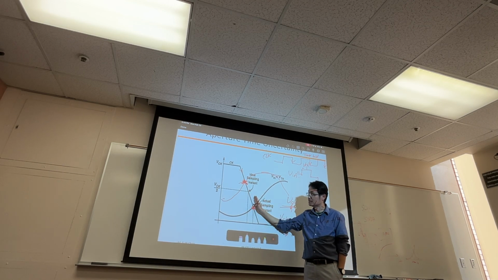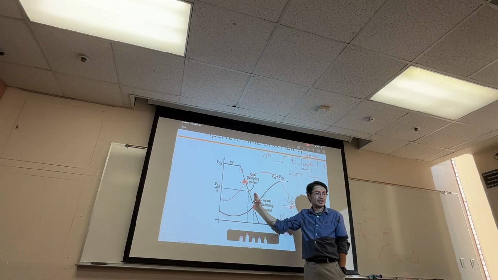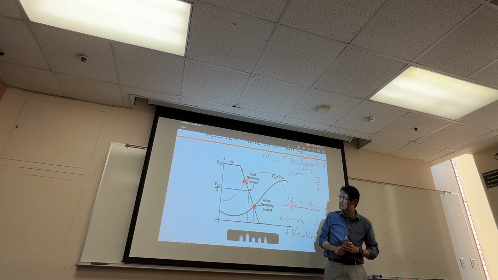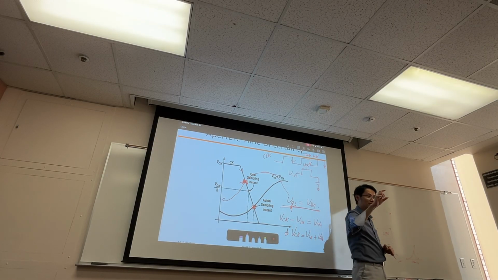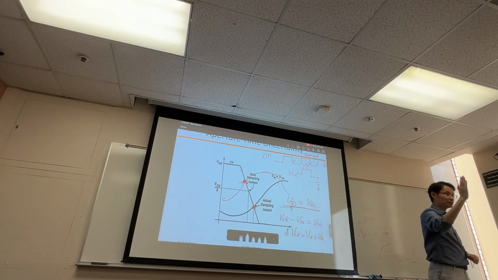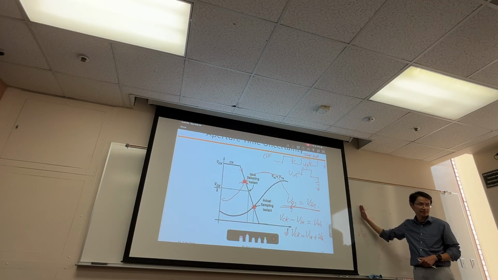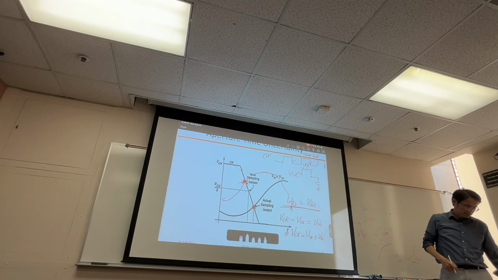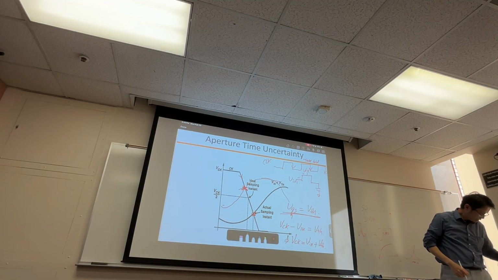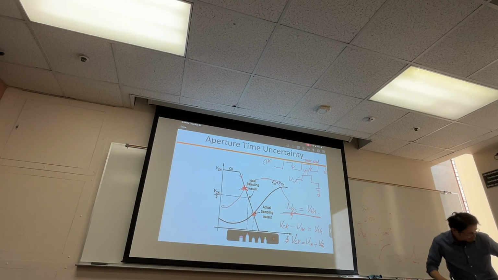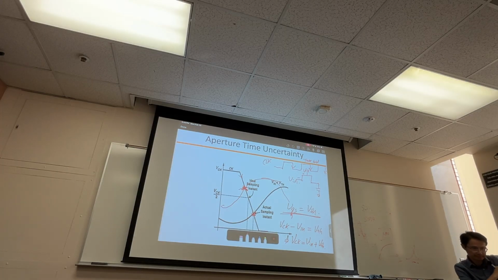Sometimes it will be earlier, sometimes later, so you actually have some error. You think you sample at this point, but it will shift a little bit. That is what we call the aperture time uncertainty.